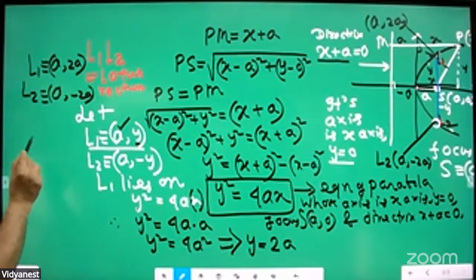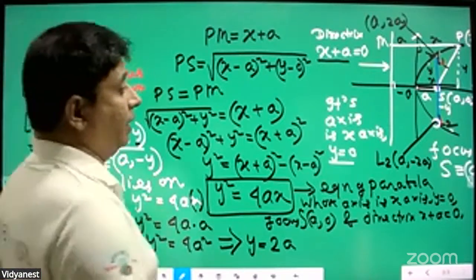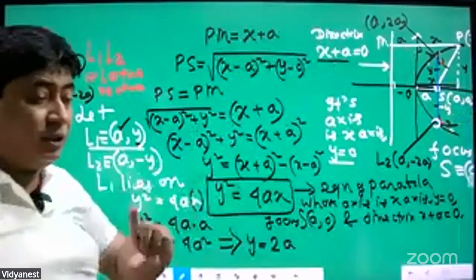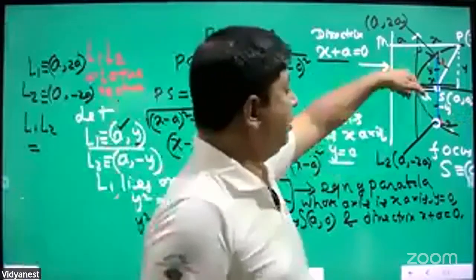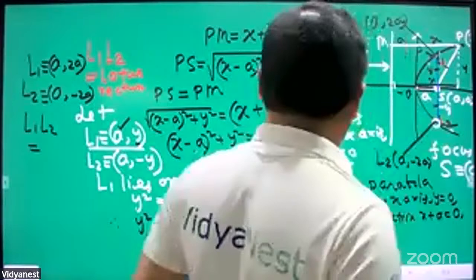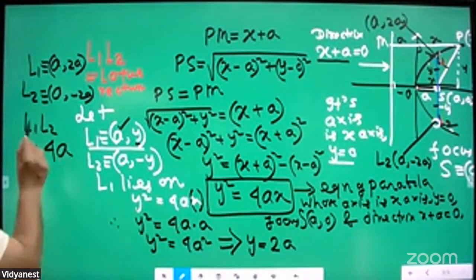So what will be the length of L1 L2? That is plus 2a minus 2a. Total length 0? No. Minus 2a means it goes downwards, but the magnitude of both is 2a. So the total length is 4a.